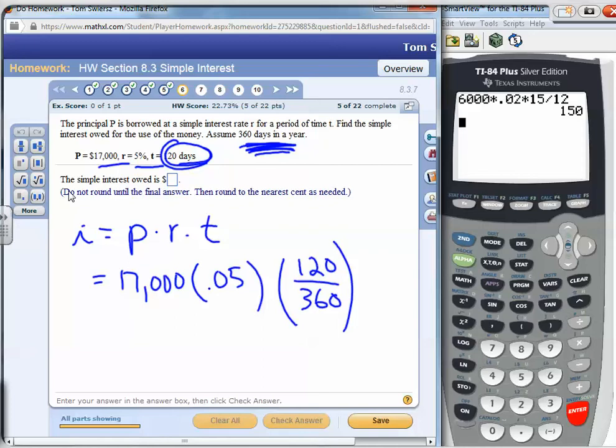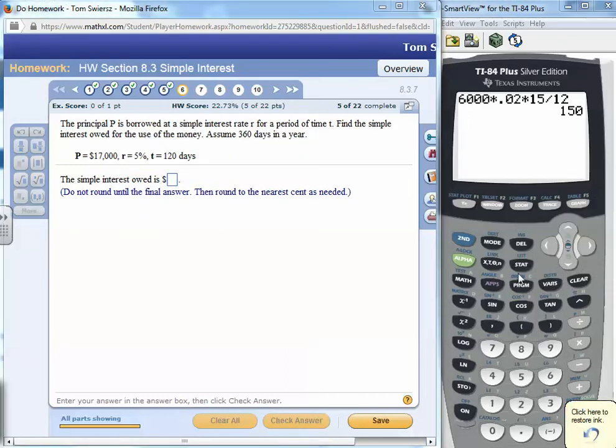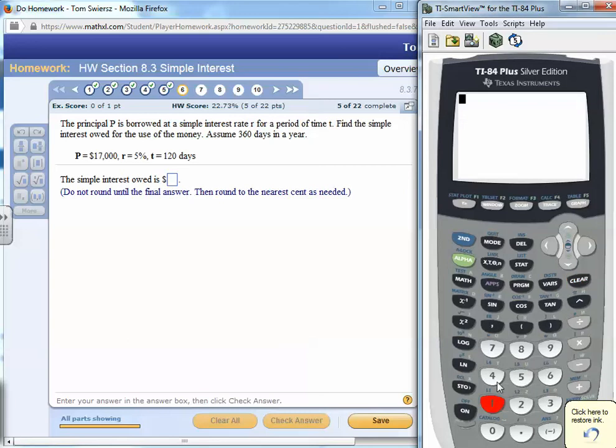And to get the amount of interest, again, it's going to be $17,000 is the principal times the rate as a decimal, 0.05, and times the amount of time in years, 120 days divided by 360 is the fractional part of a year, because we're assuming there's 360 days in a year.